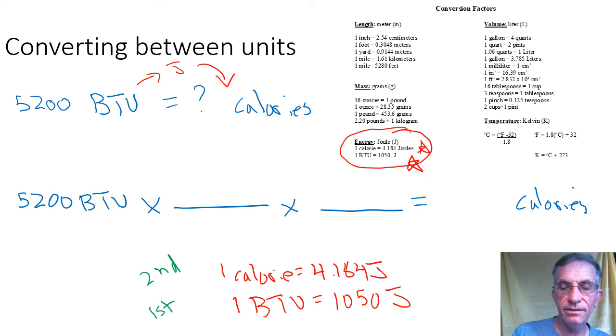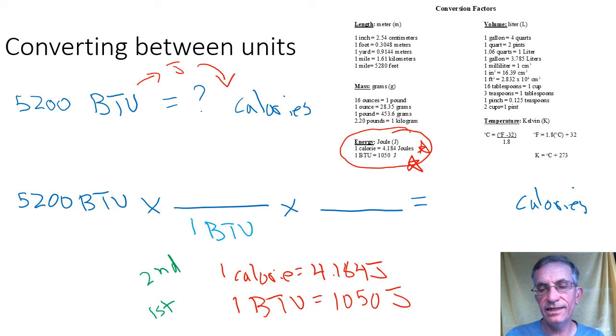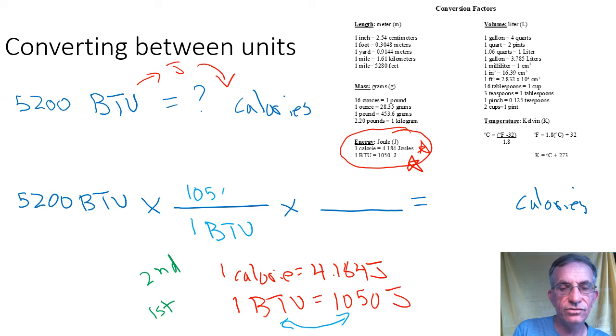Okay, it should be, you're going to put on the bottom 1 BTU. And what would you put on top? You would put the other side of the conversion factor on top, 1,050 joules. Oh yeah, that looks good because BTUs will cancel.